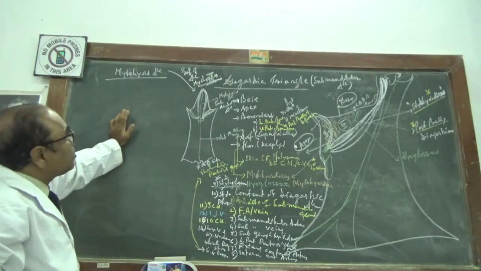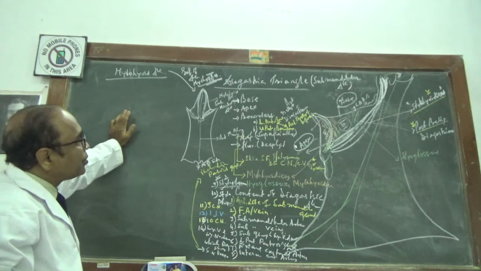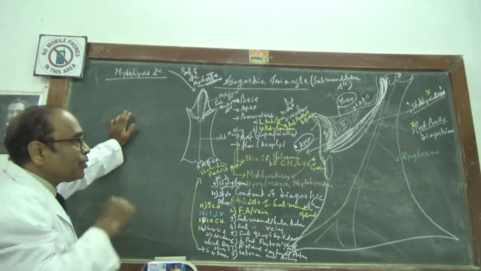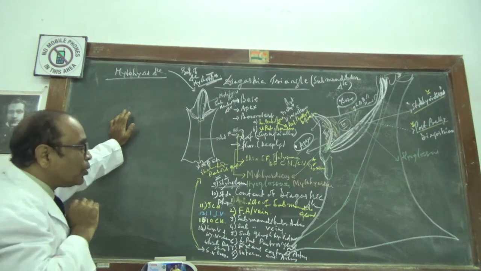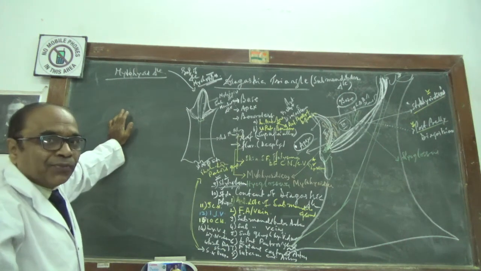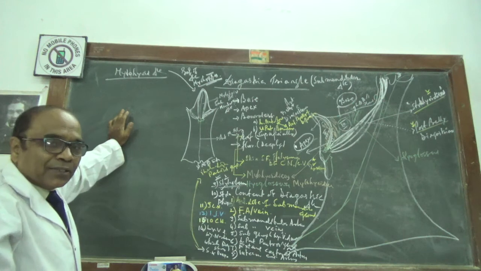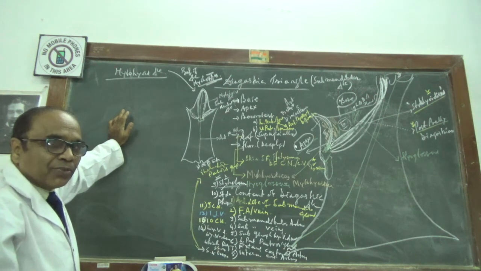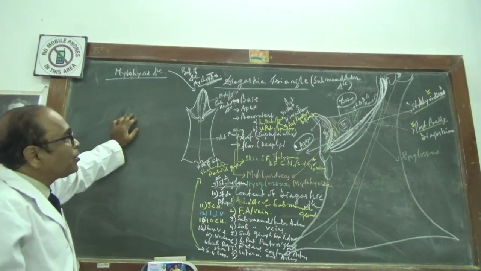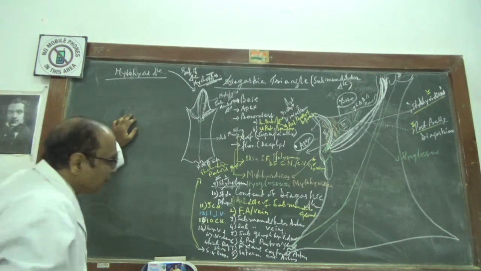And it is called the submental triangle because it is present very close behind and below the symphysis menti. That is also called the menton in the craniometric language for the mandible. Hence it is called the submental triangle.